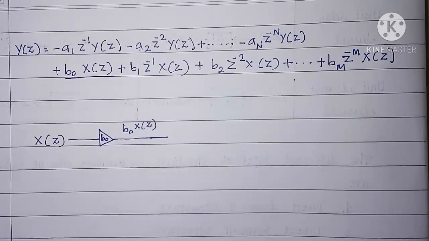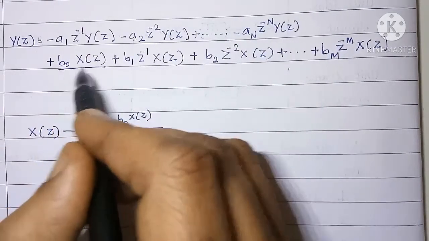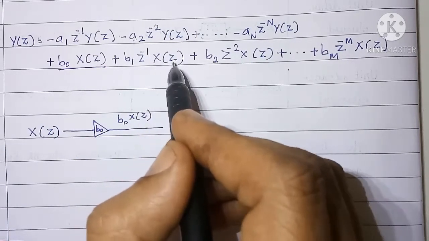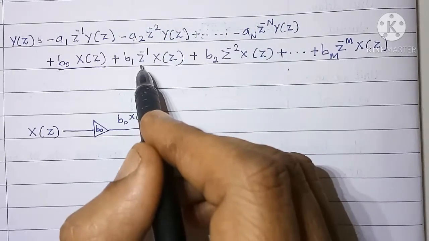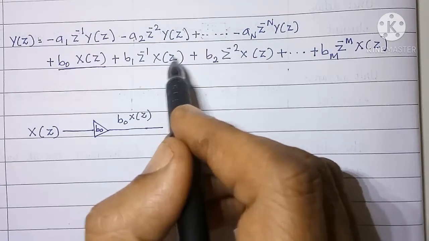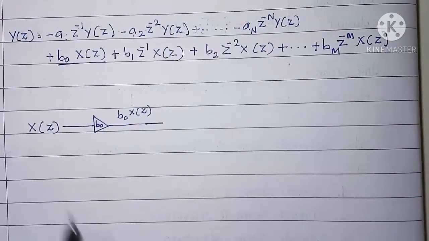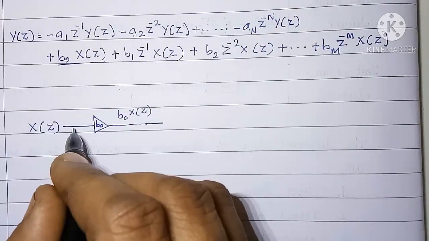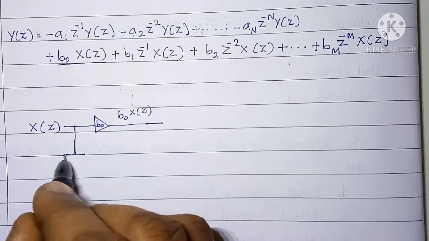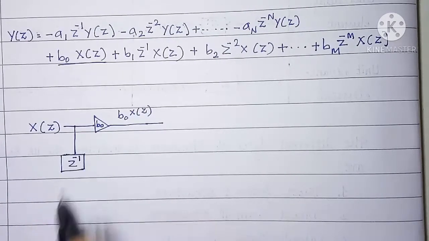Next, we have to add b naught X of z with b1 into z raised to minus 1 into X of z. Z raised to minus 1 is used for delaying x of n by one sample, right? So I will show here z raised to minus 1.